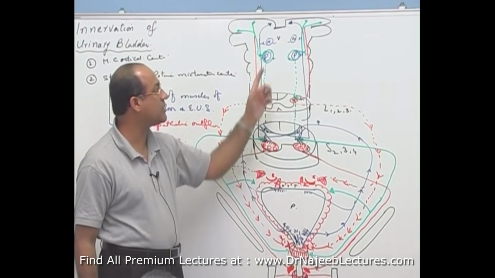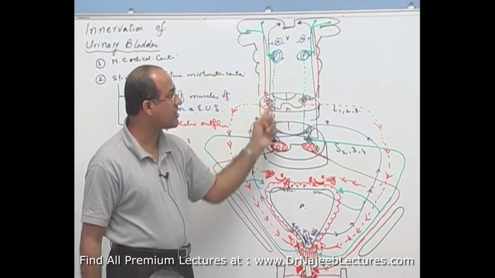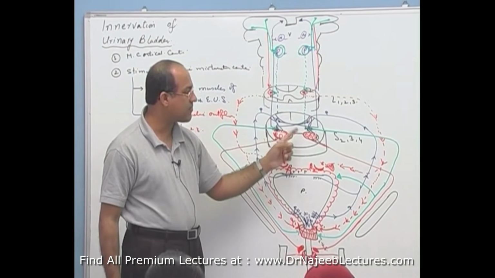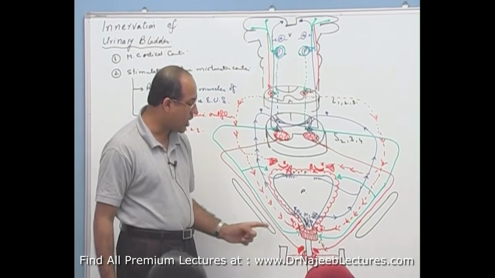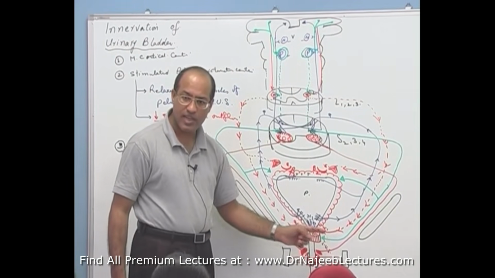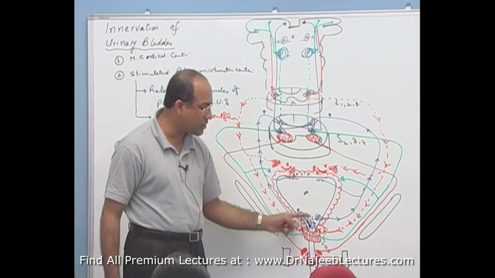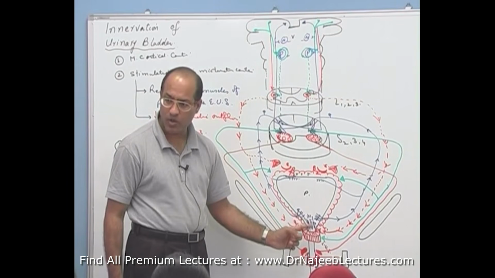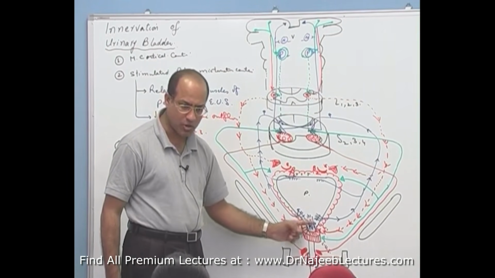What they will do, number 1, they will stimulate the pontine centers. From the pontine centers, further descending pathways will come. They will inhibit the sympathetic outflow. They will also inhibit the somatic outflow going to the pelvic floor muscles and external urethral sphincter. Due to this, a little bit of urine will trickle into the initial part of the urethra and pressure in the trigone will go up. This area is extremely sensitive to the presence of urine.